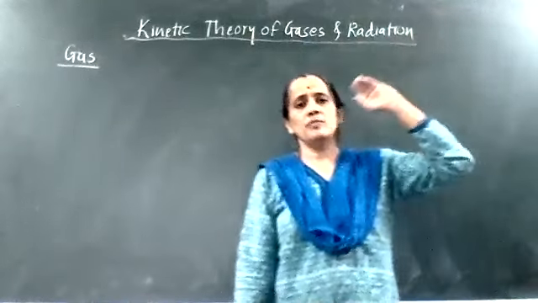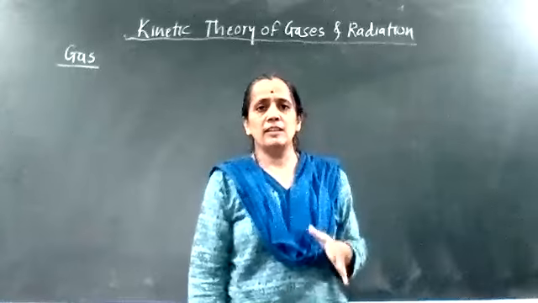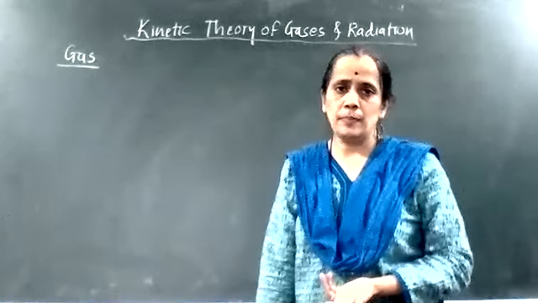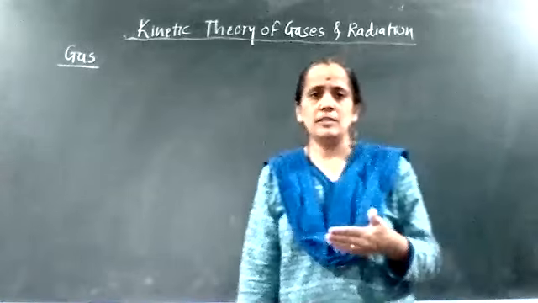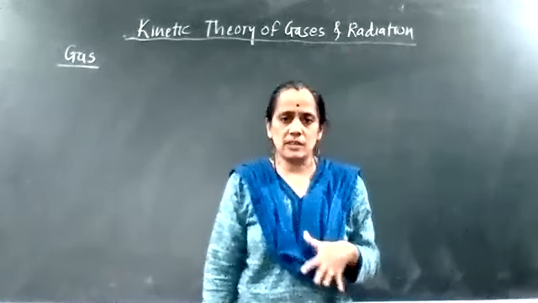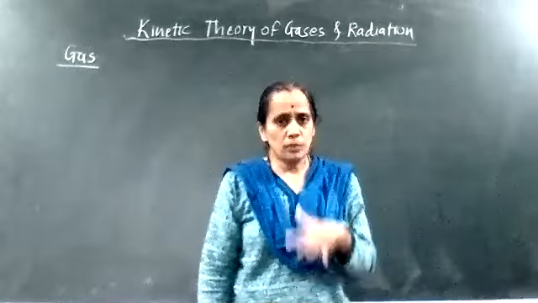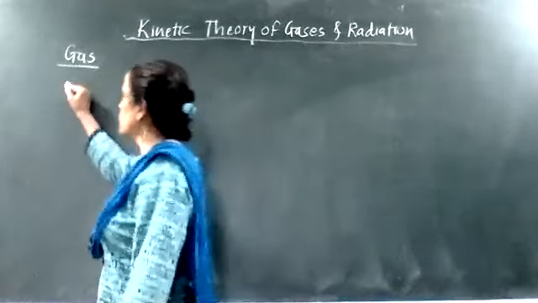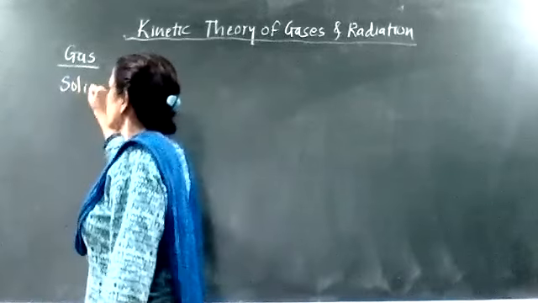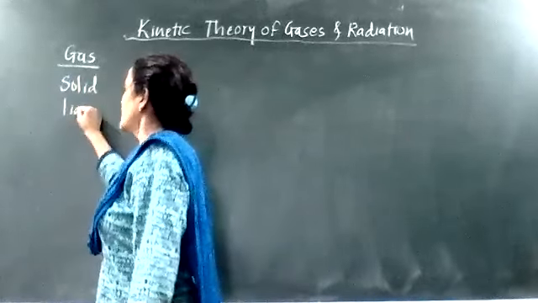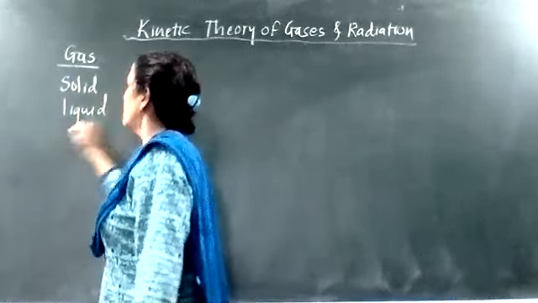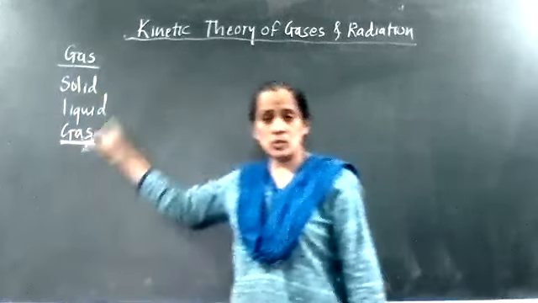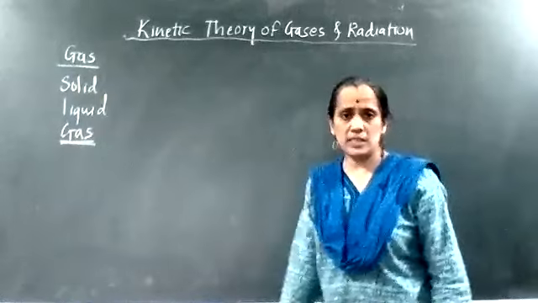Already from fifth standard, we have been saying there are a number of states of matter. Until date, five states of matter have been discovered. Out of that, the very familiar states are solid, second, liquid, third, gas, which we are going to study under this kinetic theory of gases.